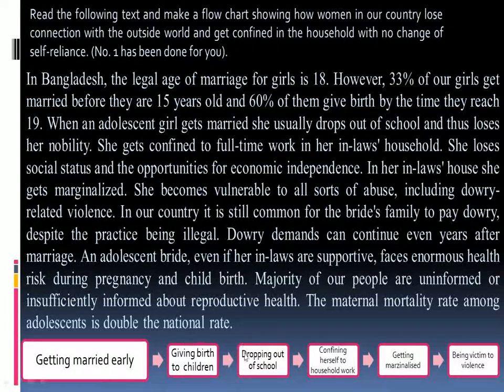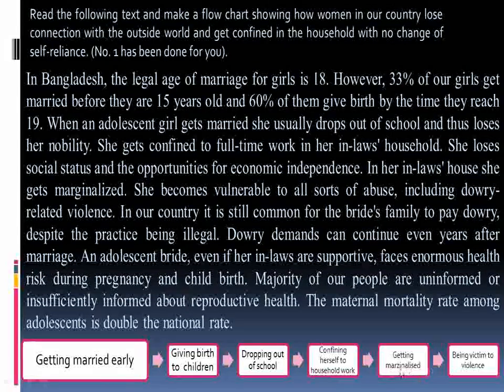She gets confined to full-time work in her in-laws' household. She loses social status and the opportunities for economic independence. In her in-laws' house, she gets marginalized. She becomes vulnerable to all sorts of abuse, including dowry-related violence.